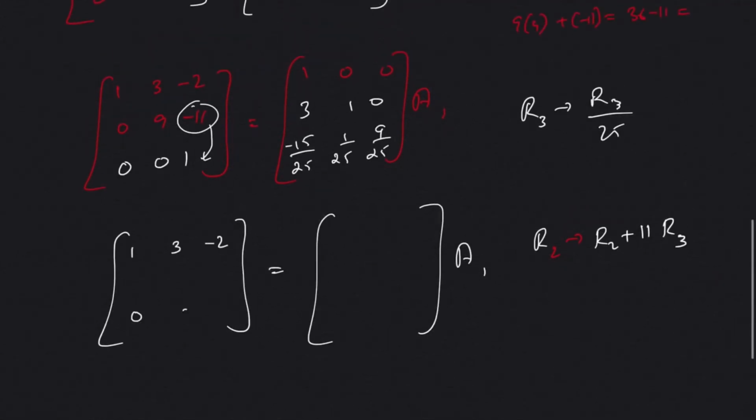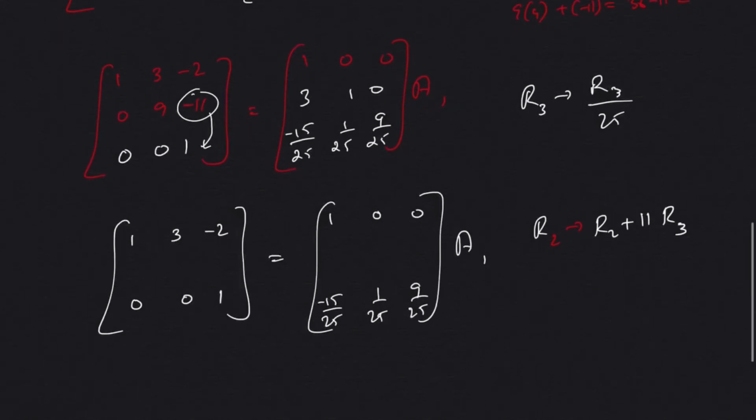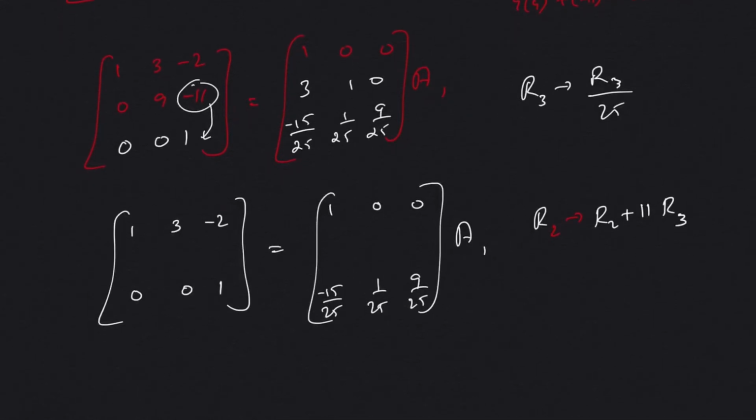R1 or R3, 1 0 0, minus 15 by 25, 1 by 25, 9 by 25. Next, R2 plus 11 times of R3. Let's continue. So R2 plus 11 times of R3.